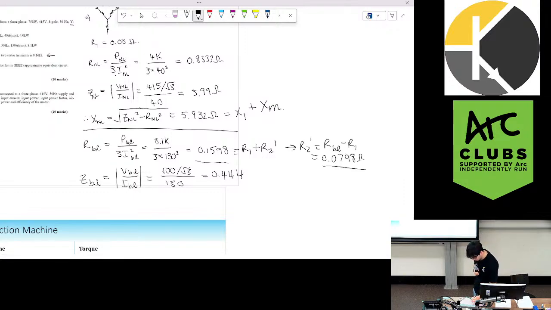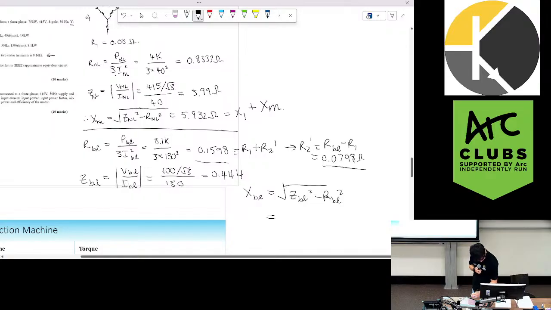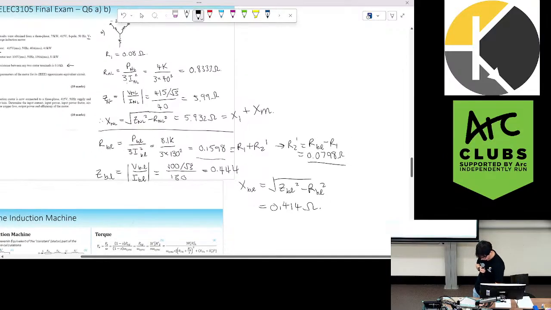And again, we can use R and Z to find X. And this gives us a value of 0.414. Cool.